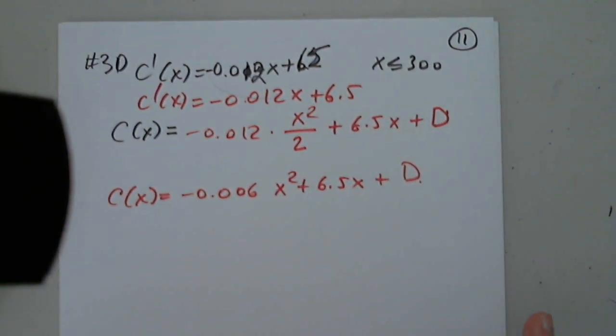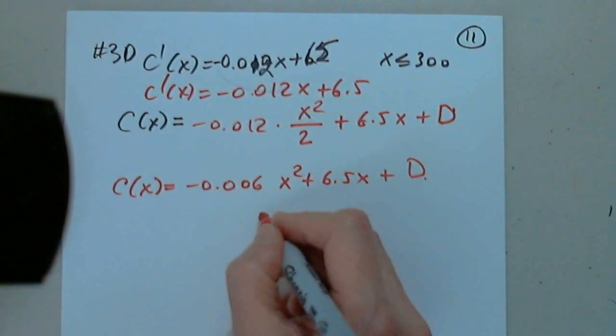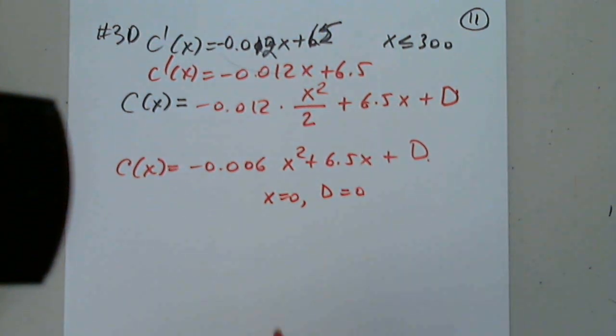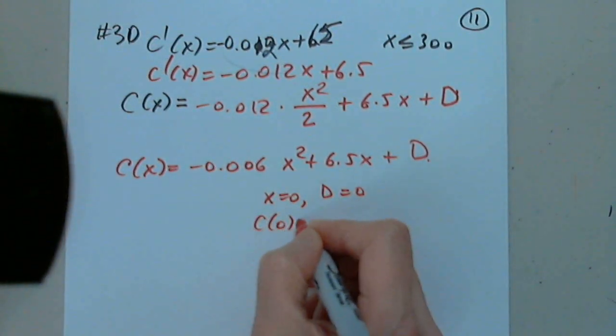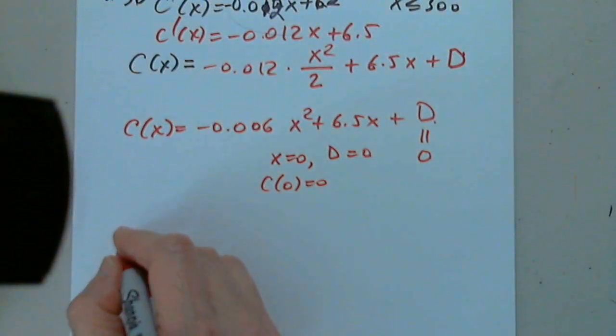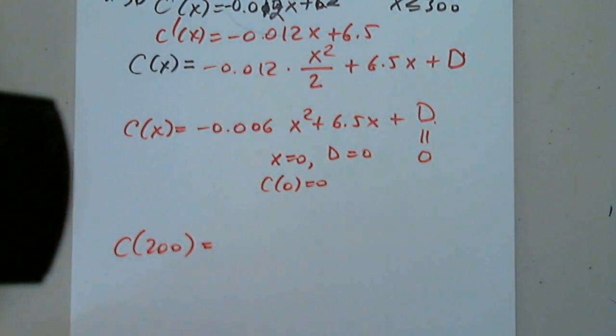But in our situation, we assume that when x is 0, d is 0, or C of 0 is also 0, right? So we have to make that assumption, and then I completely agree with you. Because if we don't produce anything, we don't have a cost. So C of 200. I'm going to put it directly in the calculator.